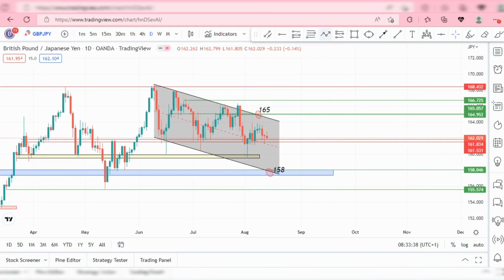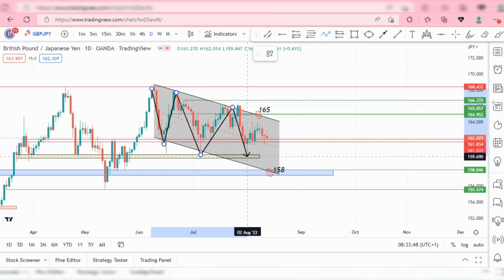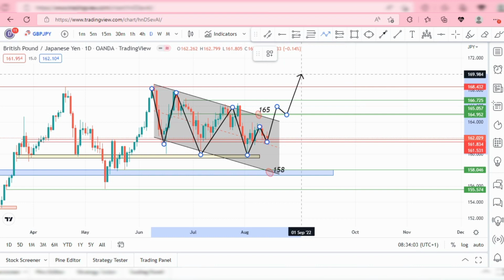And as I have said previously, this channel is what I'm looking at for price reactions. Price is here now, so price may end up getting to this level here, and if price breaks this level and eventually breaks this 165 level as well and closes above it, then we'll be looking to take our buy trades to the upside.